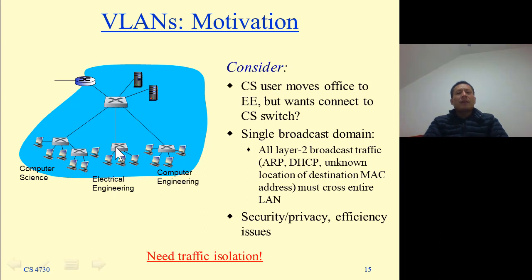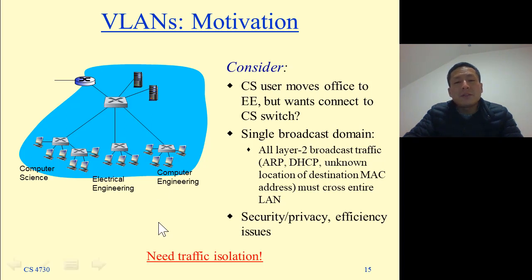Actually, this is a clumsy design because there are significant issues like security, privacy, and efficiency, right? For example, inside the computer science network, you definitely do not want to see the broadcast information from other departments or other schools, right? You don't need that information.